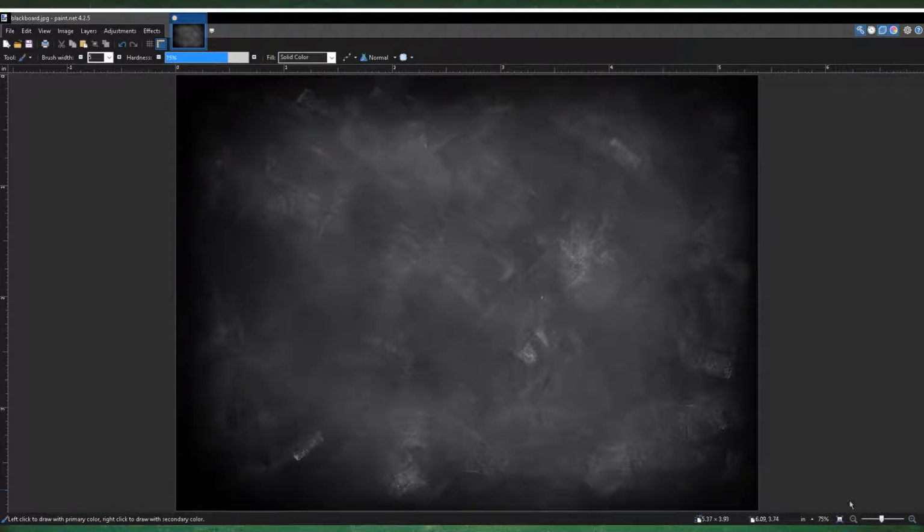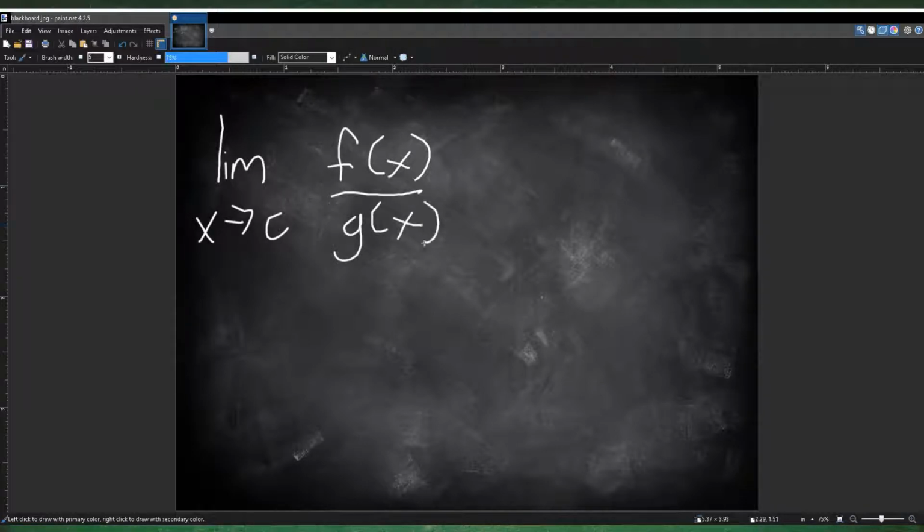The rule is basically if you have a limit as x approaches some number, and you have f of x over g of x, then to find the limit, all you have to do is take the derivative on the top over the derivative on the bottom. And that's all you have to do. It's just that simple.